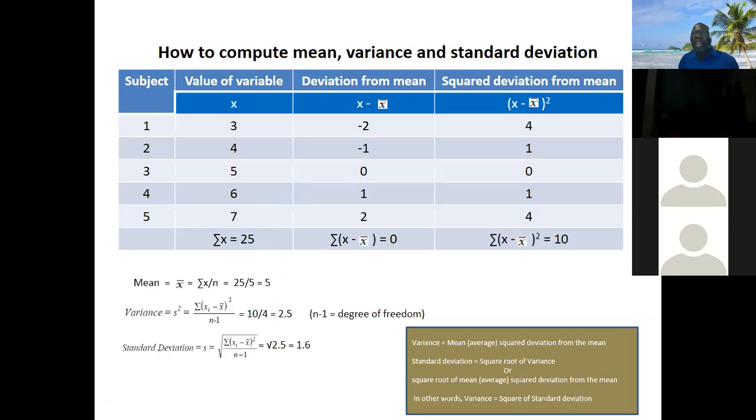So not every entity here can vary. When the total is already fixed, not all of them can vary. Some can vary.